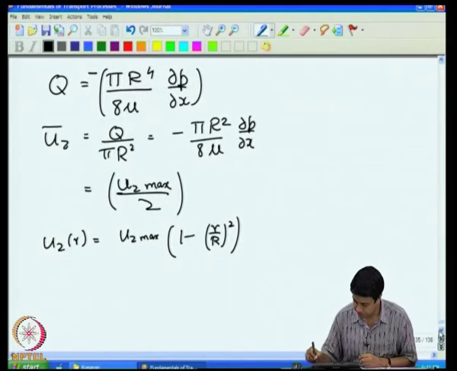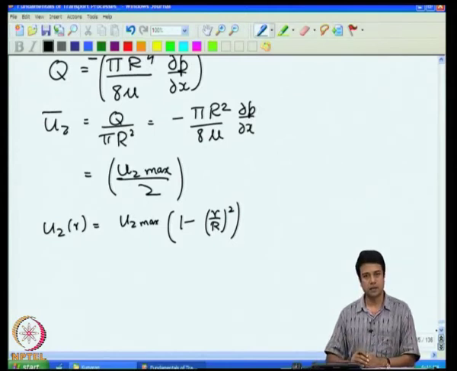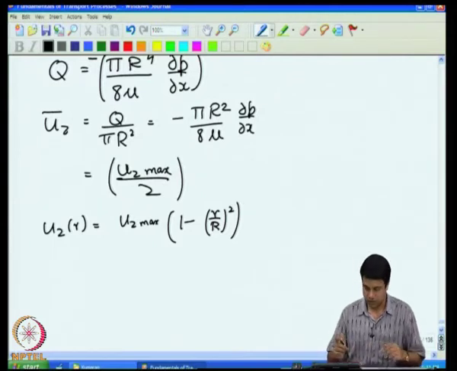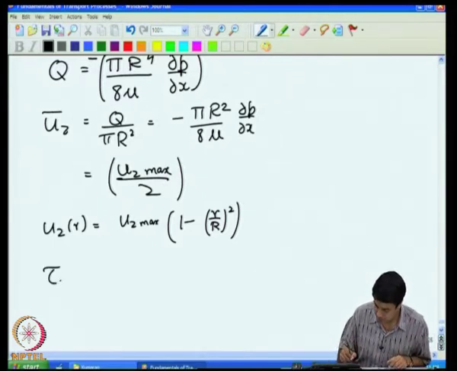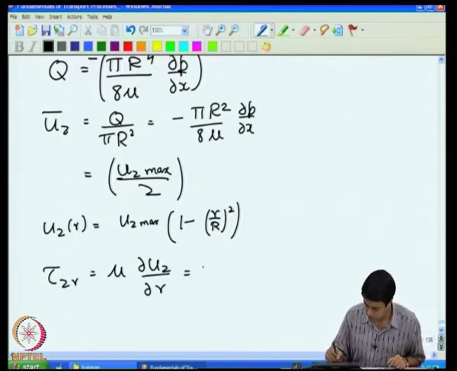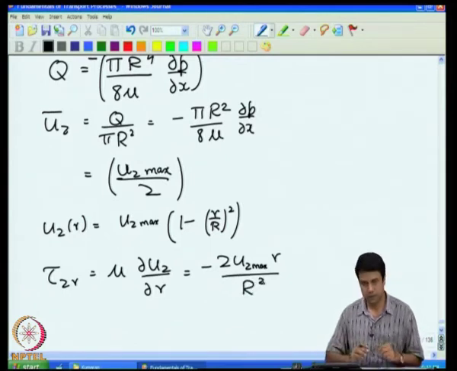Next, let us calculate the shear stress at the wall of the pipe. The shear stress tau z r is equal to mu times du z by dr. This is equal to minus 2 u z max r by R square.